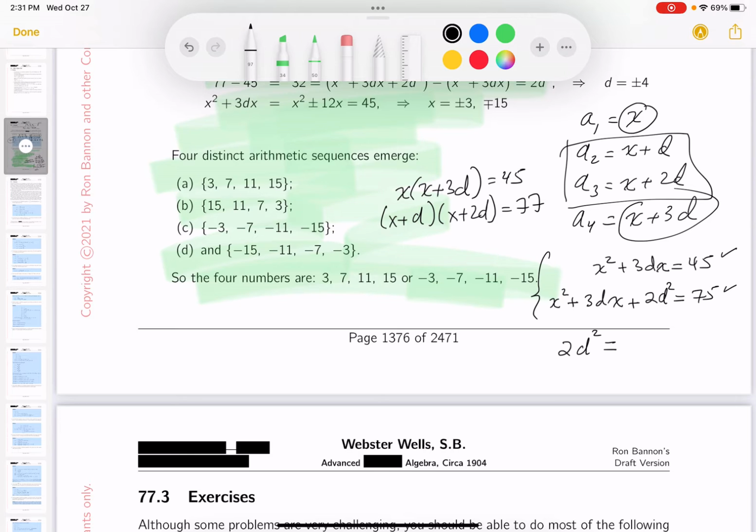I'm looking for something that's going to be easy. That's why I say that. 3dx plus 2d squared. So that seems to disappear okay. Yeah, 30. So d squared is 15.